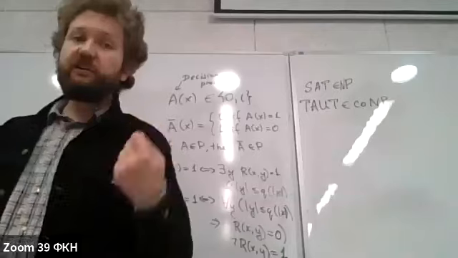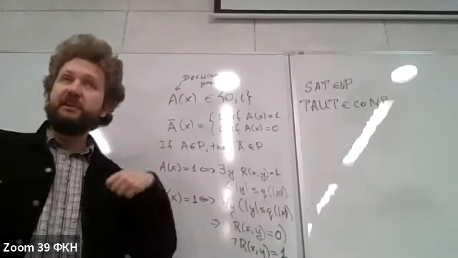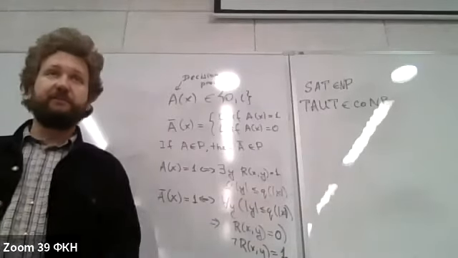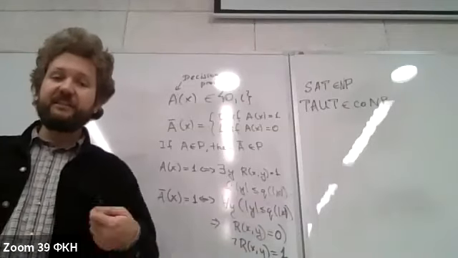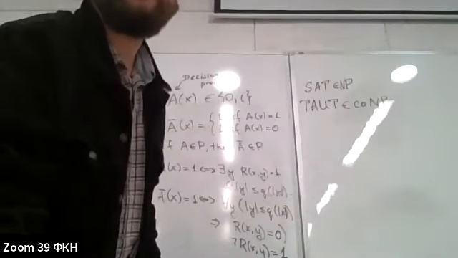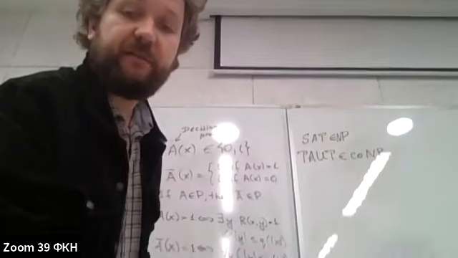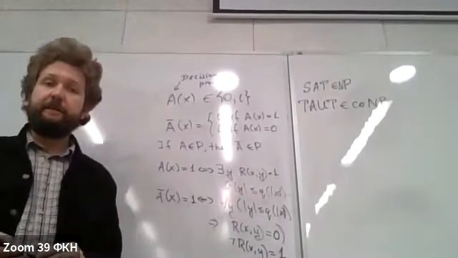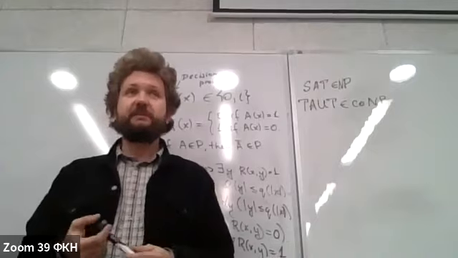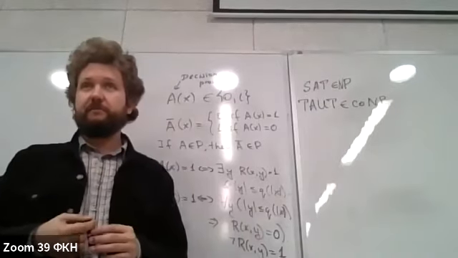Because if the formula is not a tautology, then the demon will give you the assignment that makes you fail. So this means that if the demon cannot give you a bad assignment, then your formula is a tautology. So there's a funny thing.